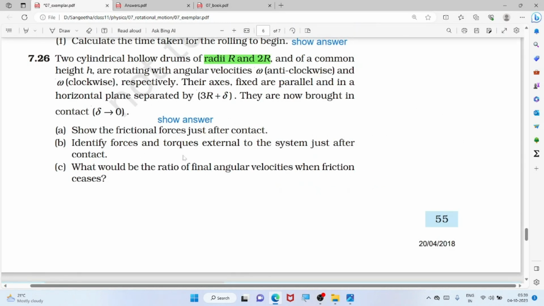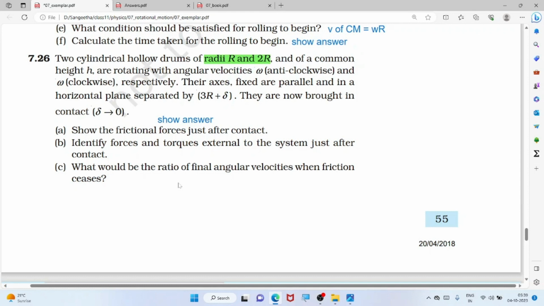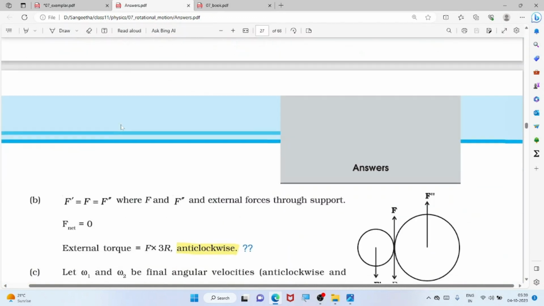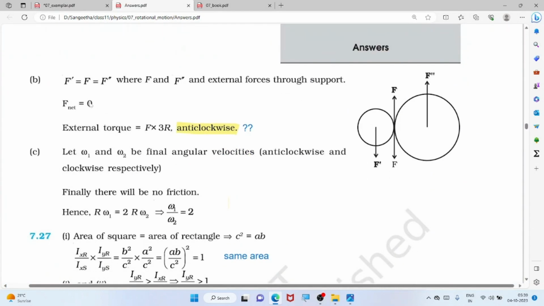Identify the forces and torque in the external system just after contact. What would be the ratio of the final angular velocities when the friction ceases? The final angular velocity is the combined angular velocity. The external torque is anti-clockwise.